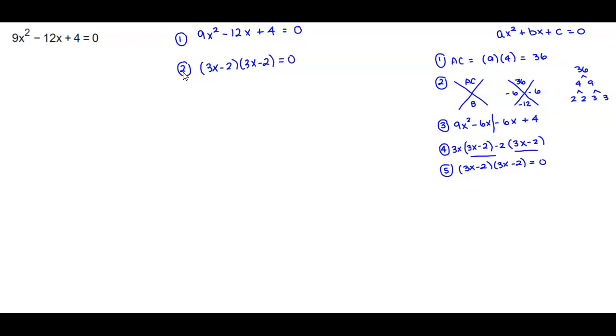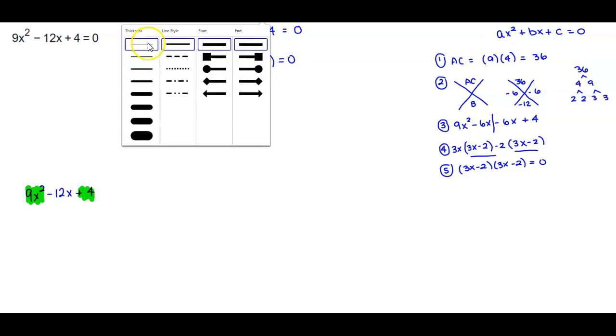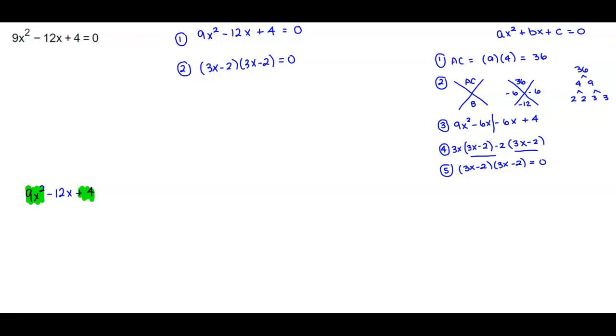Okay, now I'm going to show you a trick here for this one. You have 9x squared minus 12x plus 4. Okay, so I want you to take a look and concentrate on the first term and the last term. Instead of having to go through the AC method, we're going to say, what do I need to factor to get 9x squared?